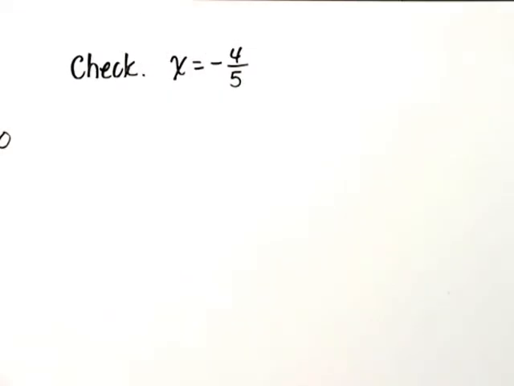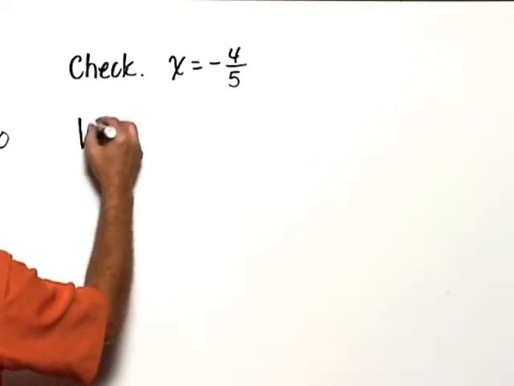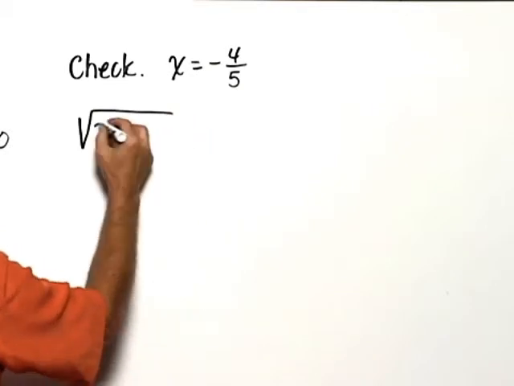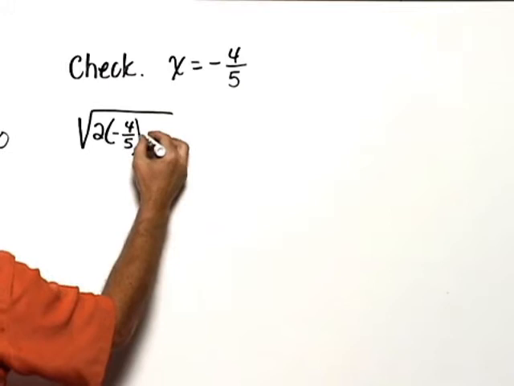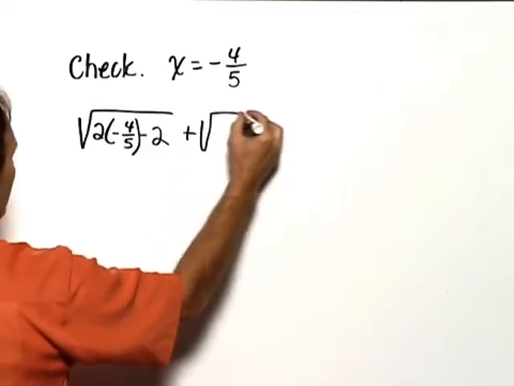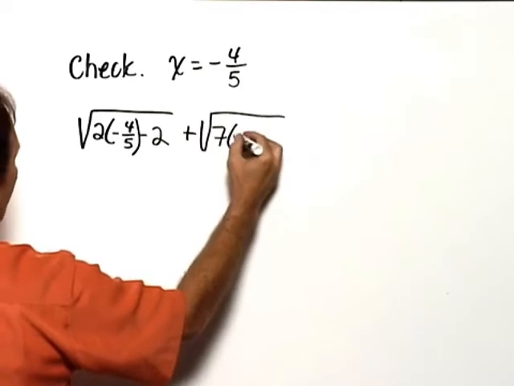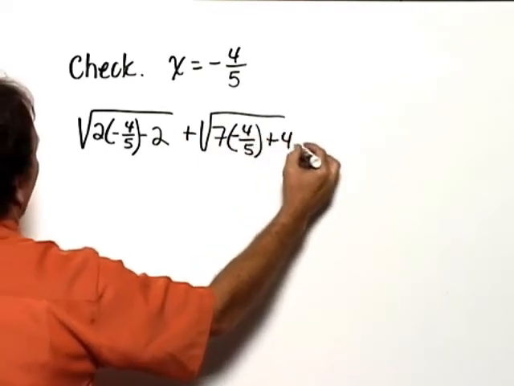So let's start by checking x equals negative 4/5. We substitute that into the equation. We have the square root of 2 times negative 4/5 minus 2 plus the square root of 7 times negative 4/5 plus 4.